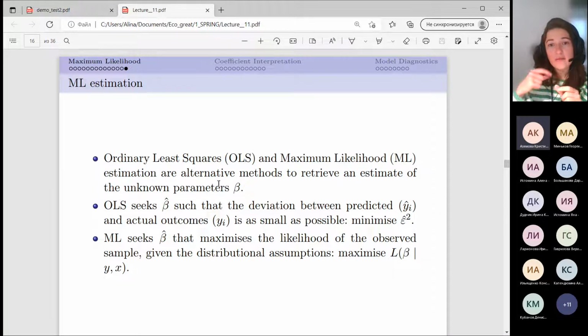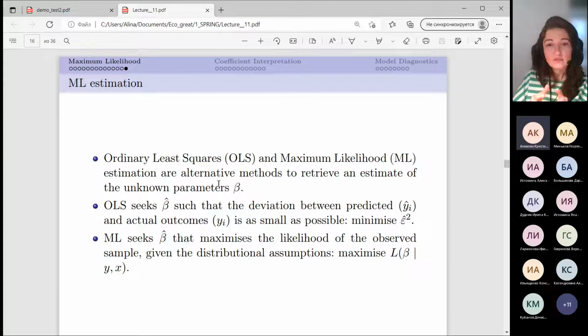But in the maximum likelihood method, we use another logic of how to estimate our betas. In the maximum likelihood method, we need to find our betas in such a manner that maximizes the likelihood function of the observed sample, given the distributional assumption.